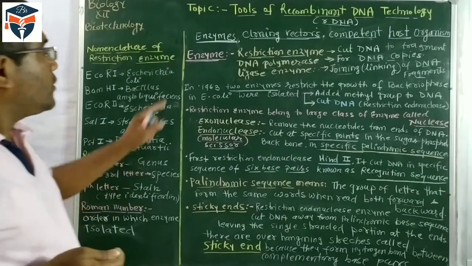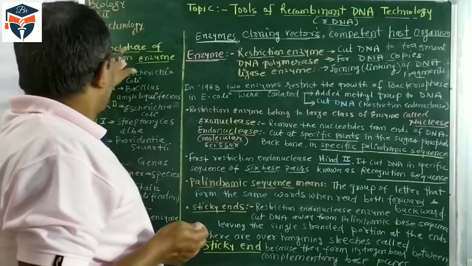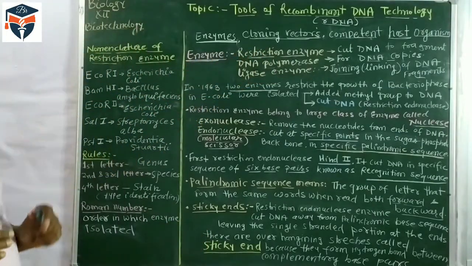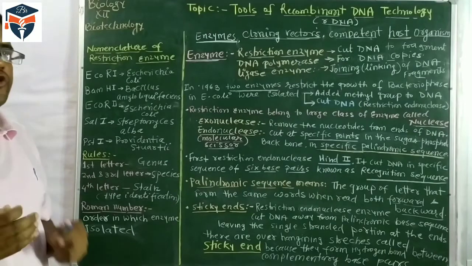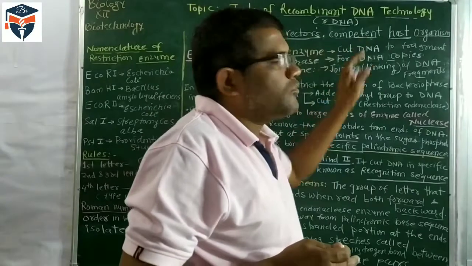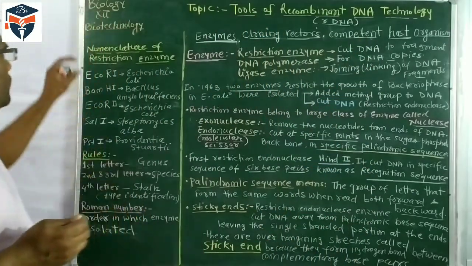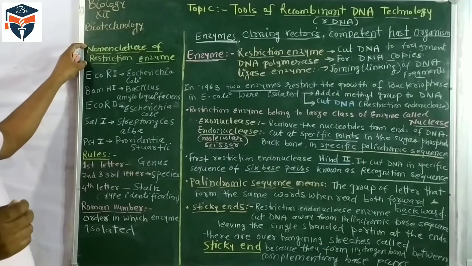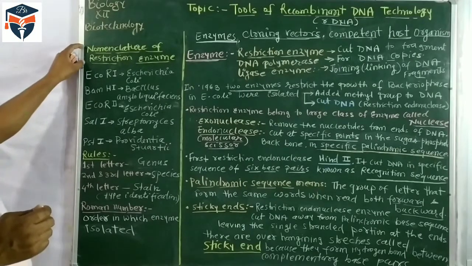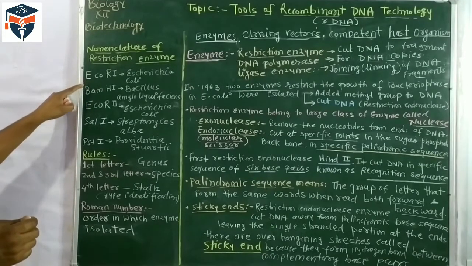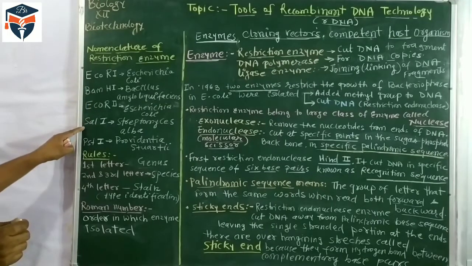What are the basic rules for the nomenclature of restriction enzymes? As I told you, restriction enzymes help to cut the DNA, and the name of a restriction enzyme is called its nomenclature. In each restriction enzyme, suppose here is E, here B, E, S and P.